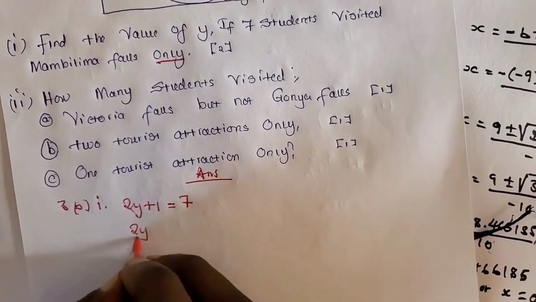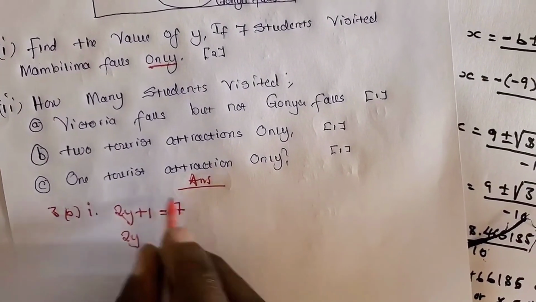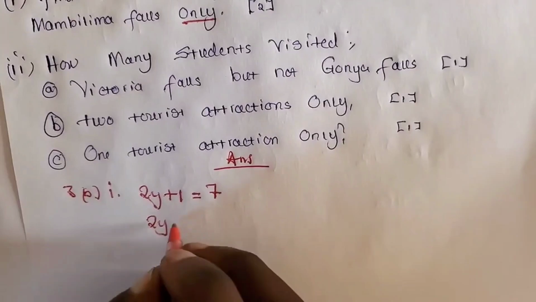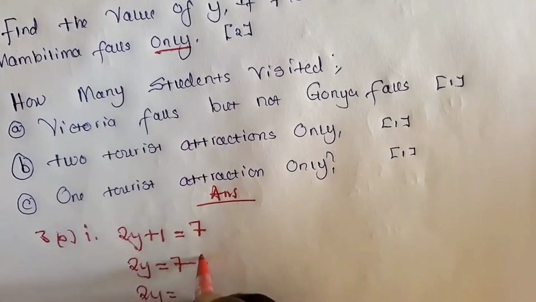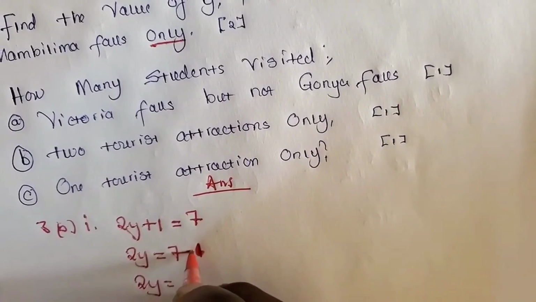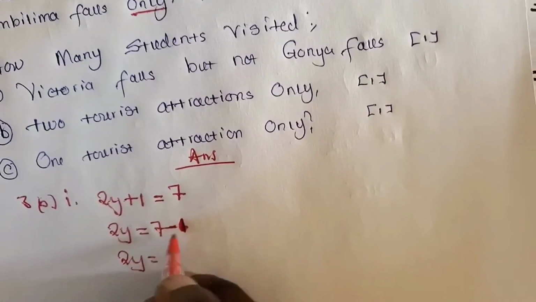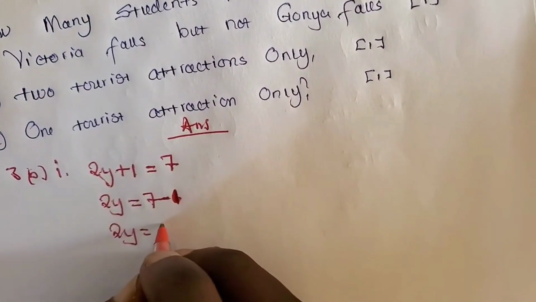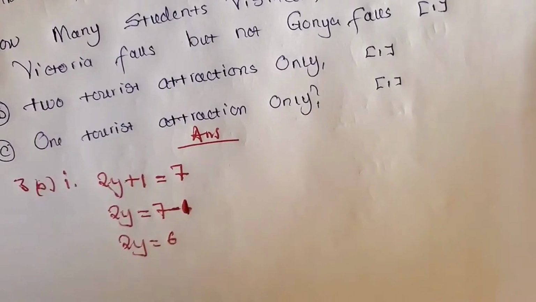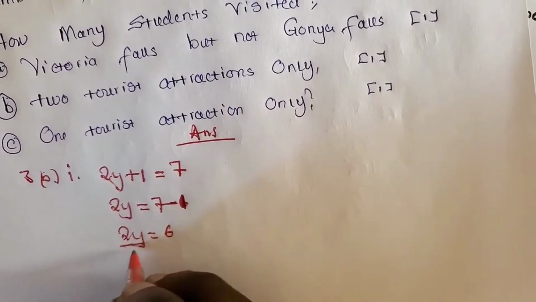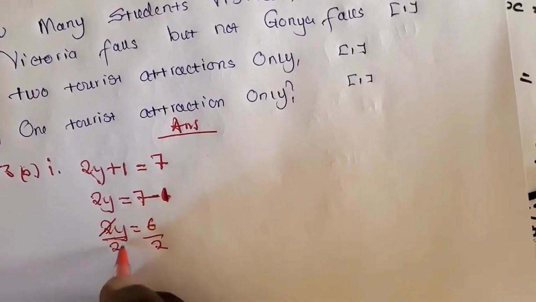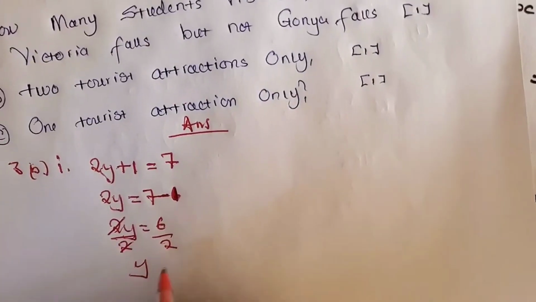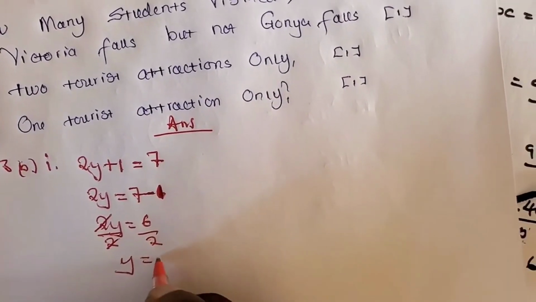So it will be 2y, then the positive 1 crosses the equals sign and becomes negative 1. Then we subtract 7 minus 1, which is 6. Then we divide both sides by 2. 2 into 6 is 3.